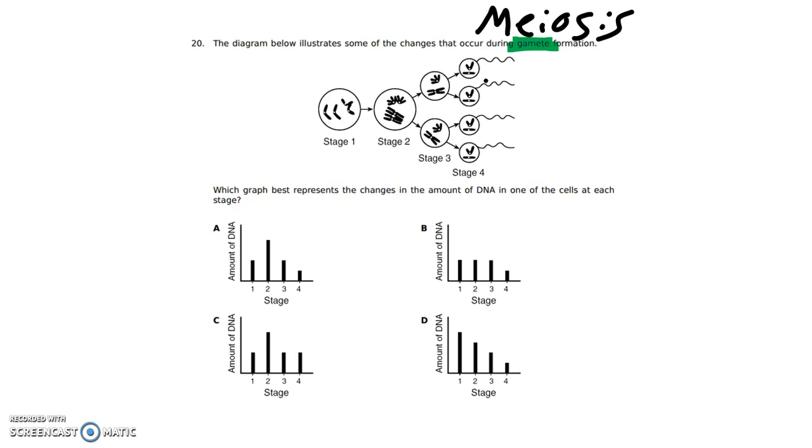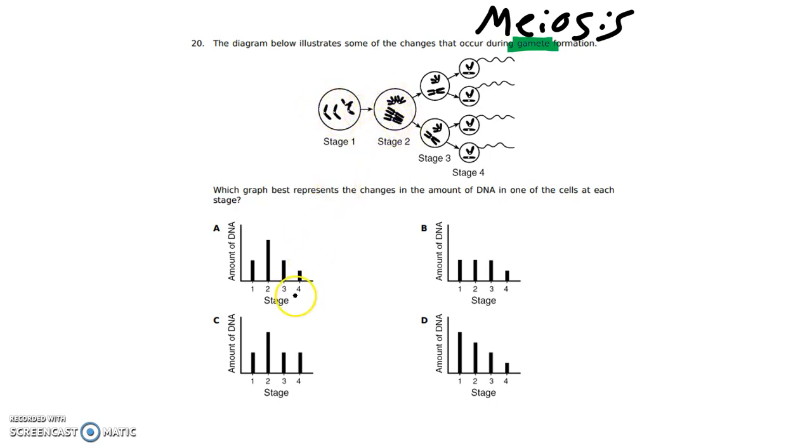Which graph best represents the changes in the amount of DNA in one of the cells at each stage? Well, at stage 1, there's 4 chromosomes, and then at stage 2, I would say the amount of DNA has doubled because they have made copies of themselves.